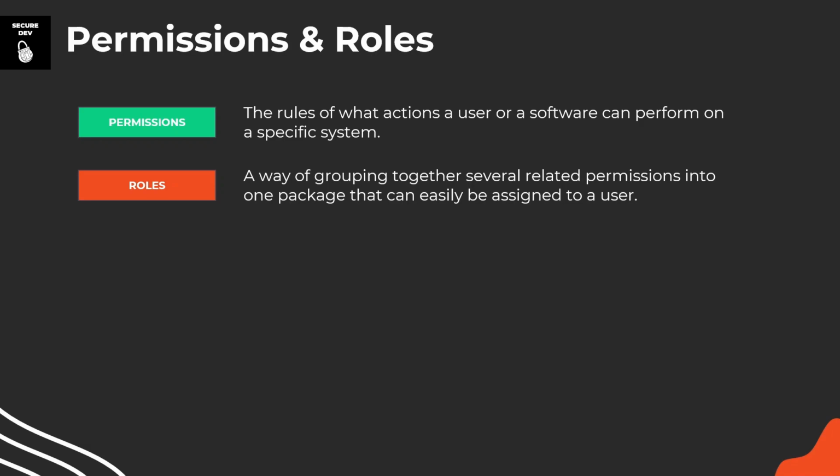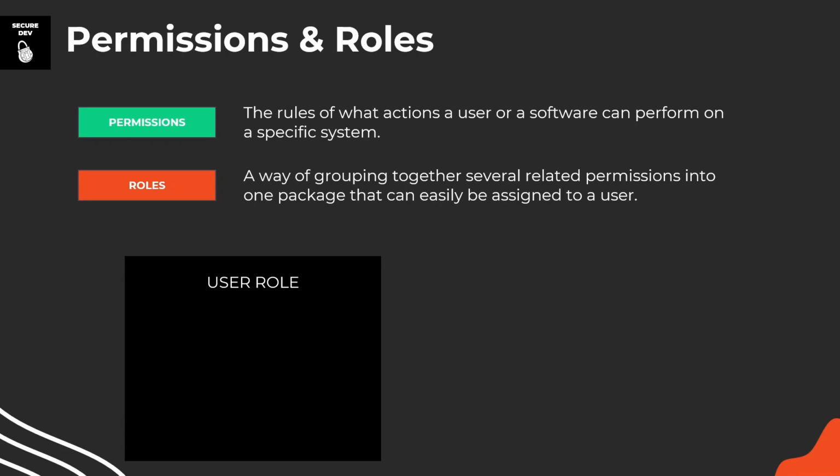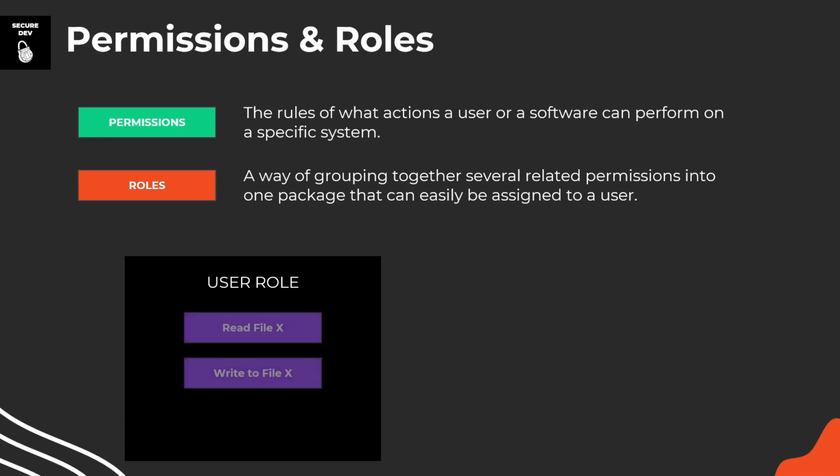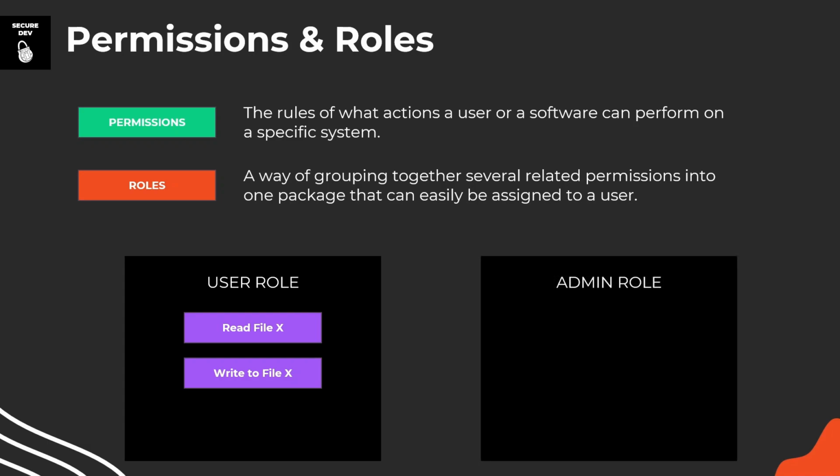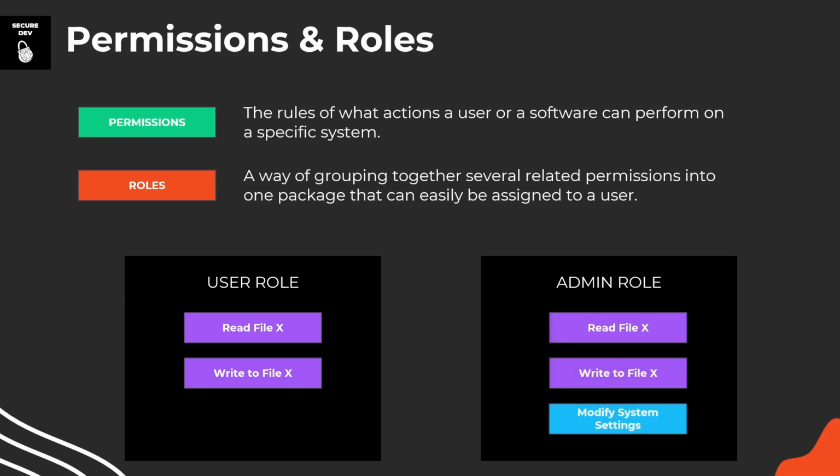For example, we might have a user role that includes basic permissions like reading and writing to certain files. Then we might have an administrator role that includes all the permissions of the user role plus additional permissions to modify system settings, for example.